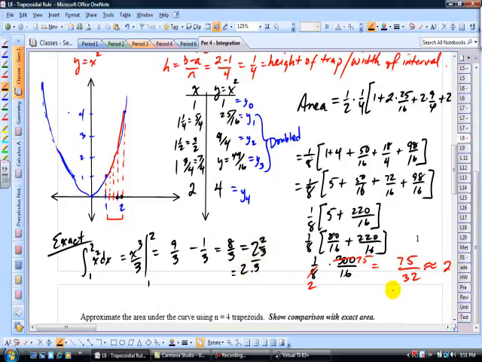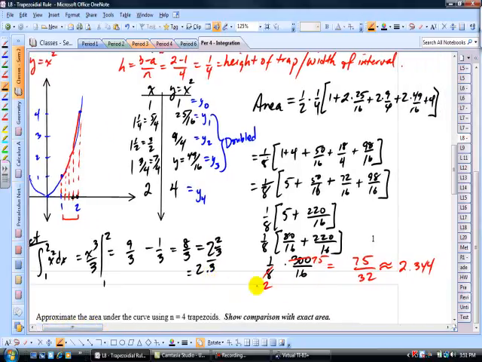And if you compare the two, 2.3 repeating and 2.34 is very close. Very close. So that's good.